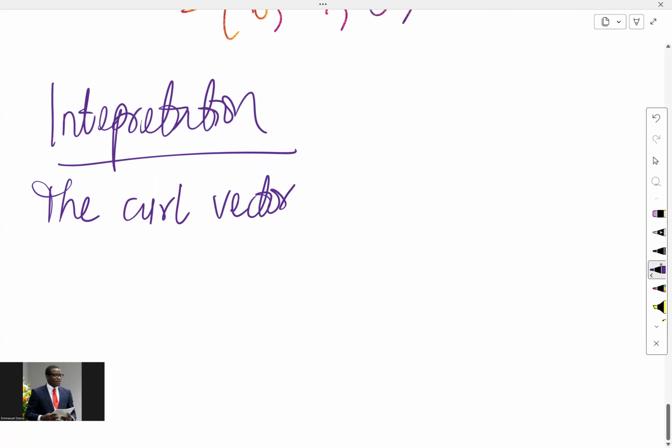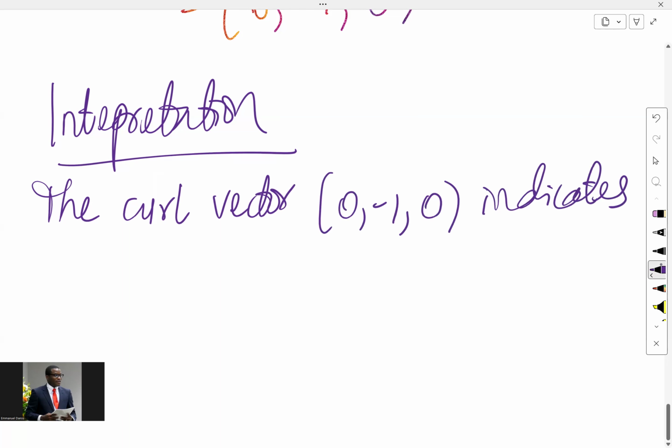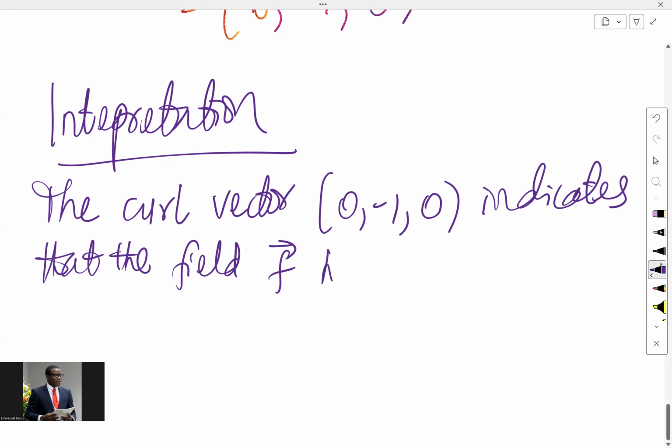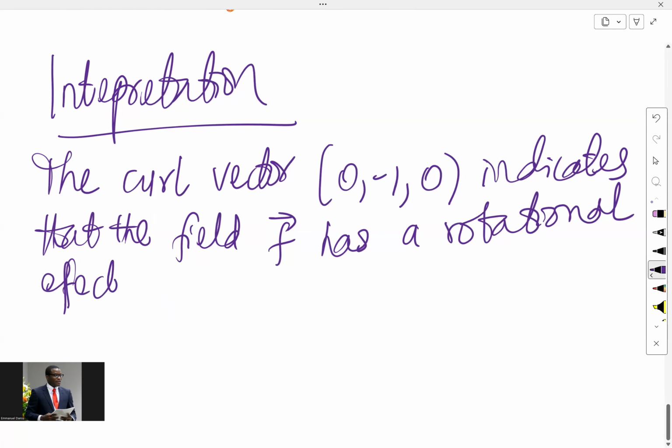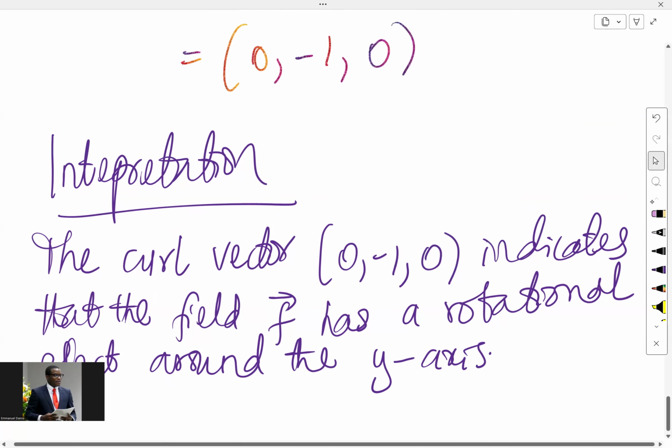The curl vector 0, -1, 0 indicates that the field F has a rotational effect around the y-axis. That's what this simply means, because there is no effect at other points. All right, so that's the second part.